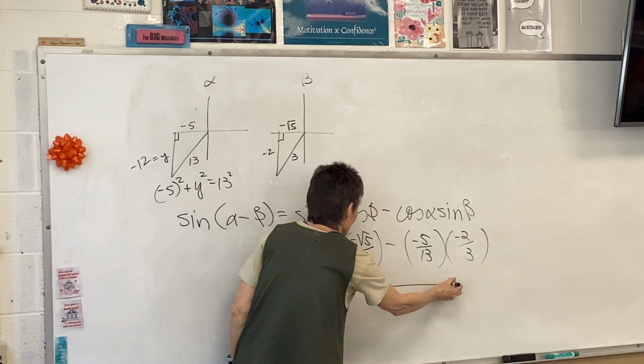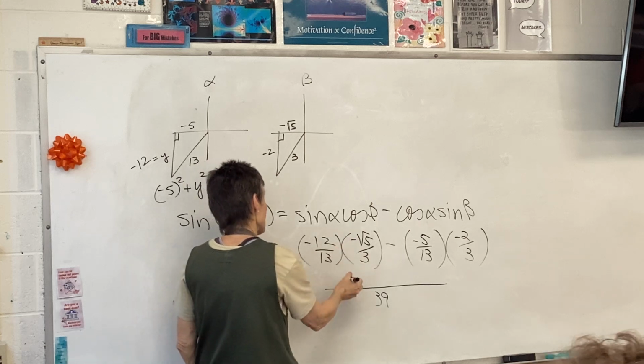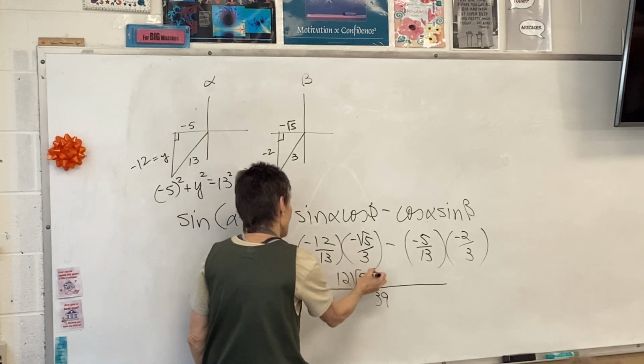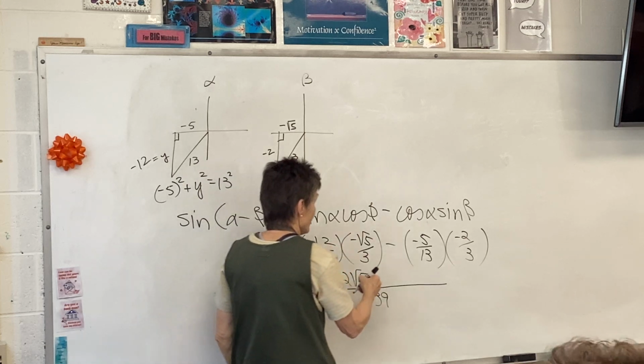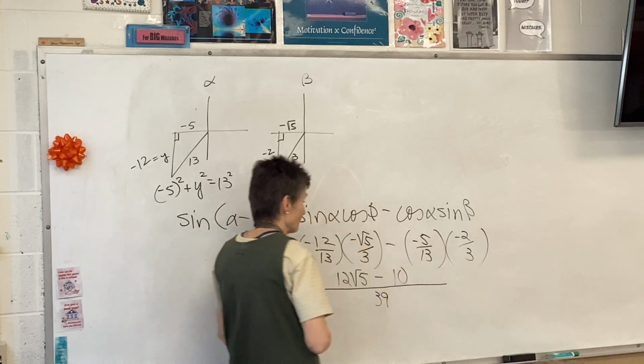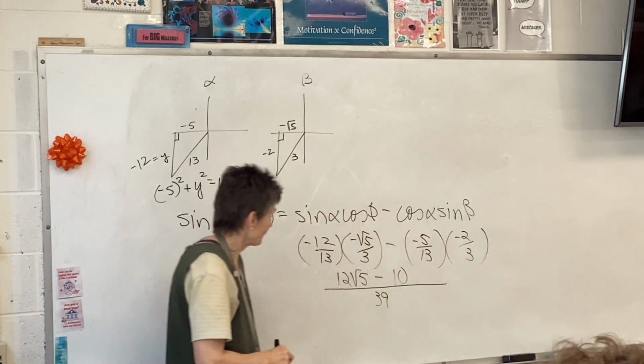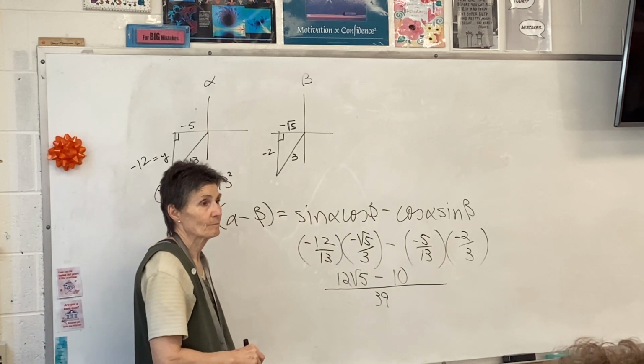So it looks like they have a common denominator, 39. This one's going to be 12 over 5 when I multiply. And this one's going to end up being a minus 10, because I have all these negatives in there. And there's your answer.